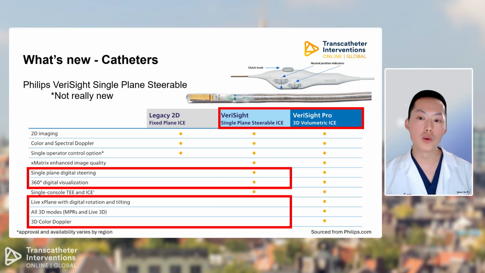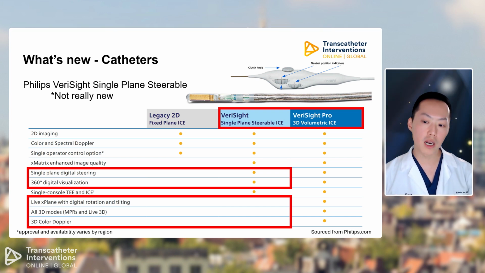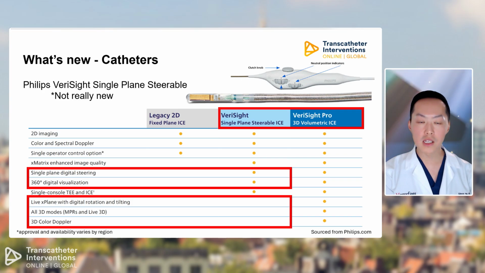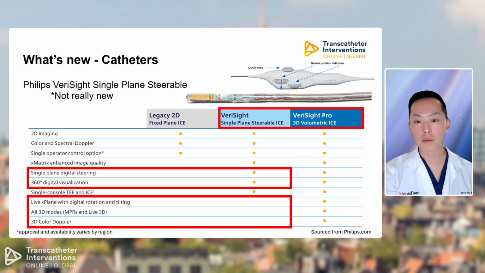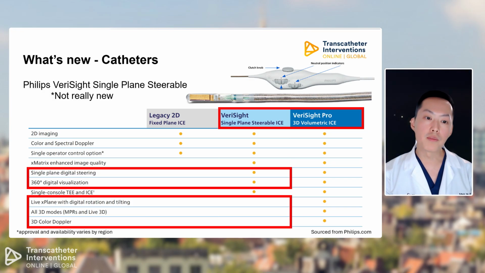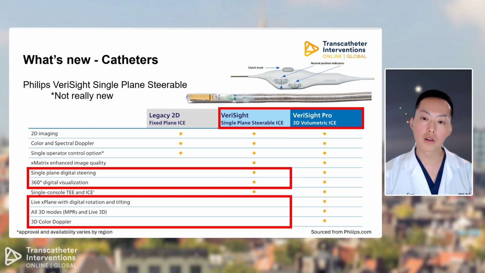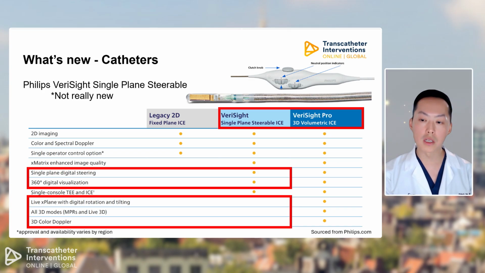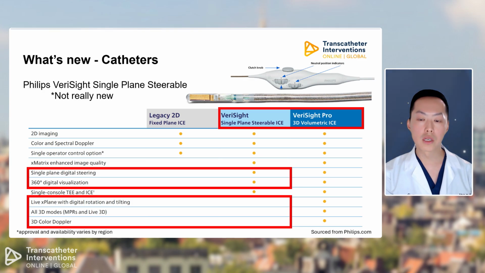Now, in terms of what's new with catheters, less to talk about, but actually something really exciting in the next slide. First, I'll just talk about this Philips catheter that's now commercially available in the US. And again, in different geographies, the timing of this is a little bit variable. Essentially, this is not really a new catheter, but it's a new offering from them, which is, instead of the VeriSight Pro, there's a single plane steerable, or SPS, catheter.